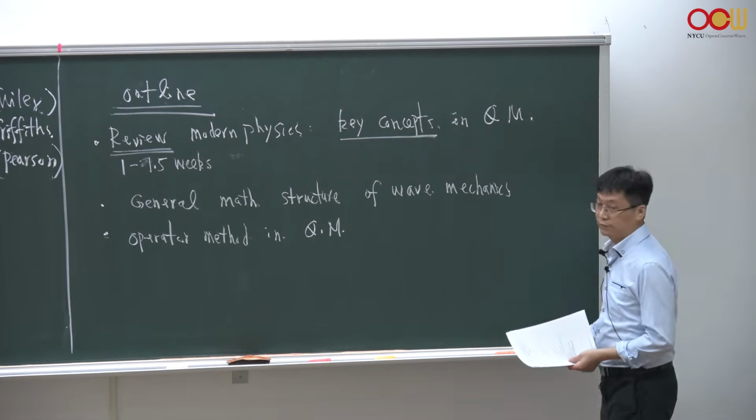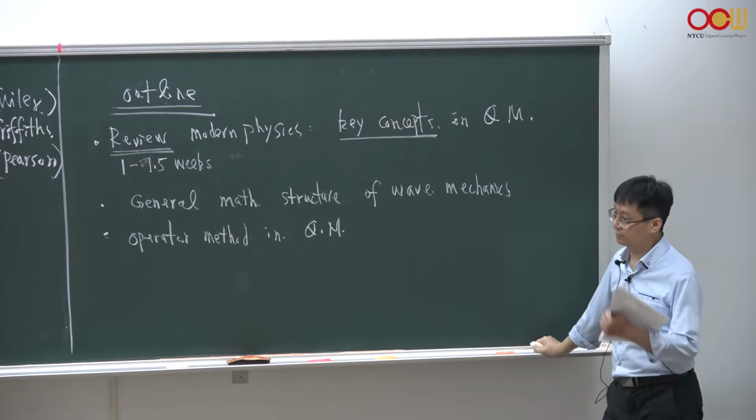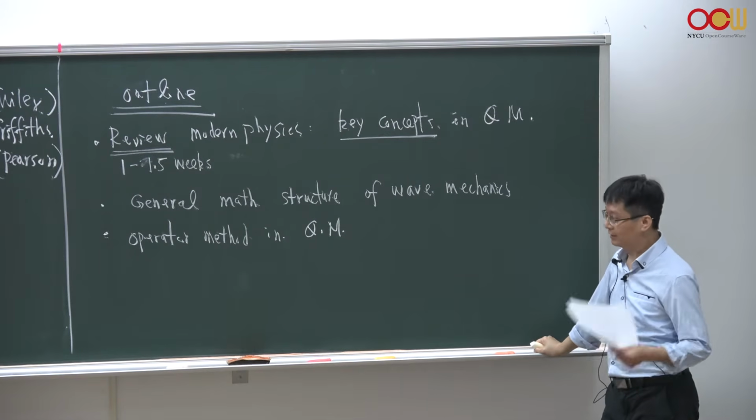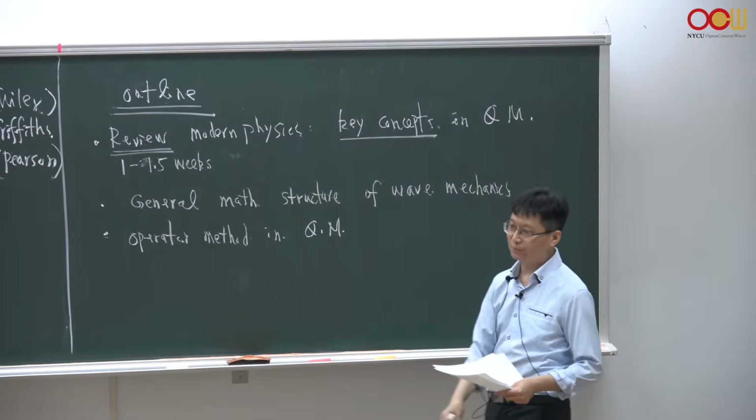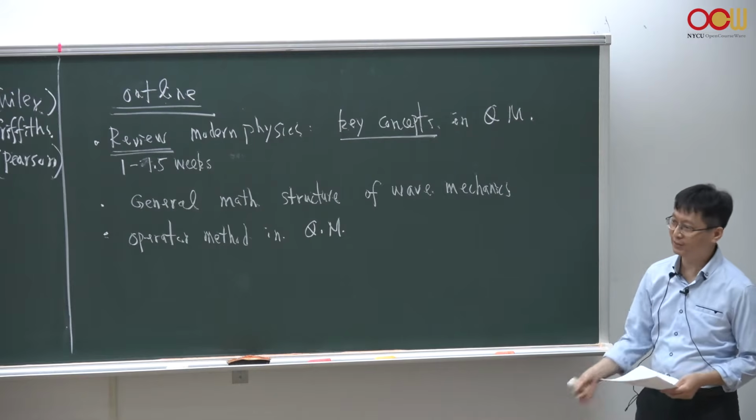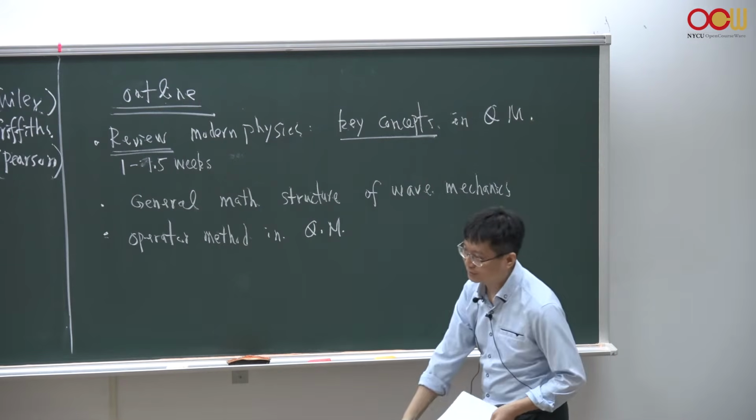As most of you have learned, in quantum mechanics, when we take a measurement, we already disturb the system, so we interfere with the system by taking the measurement.